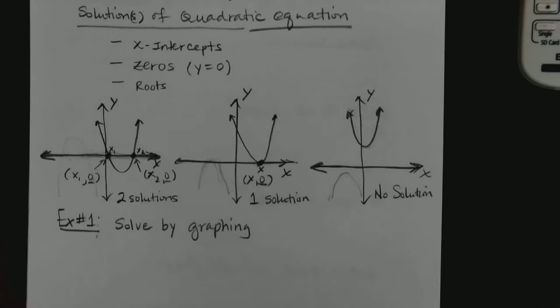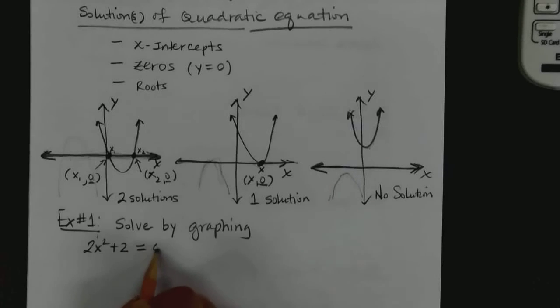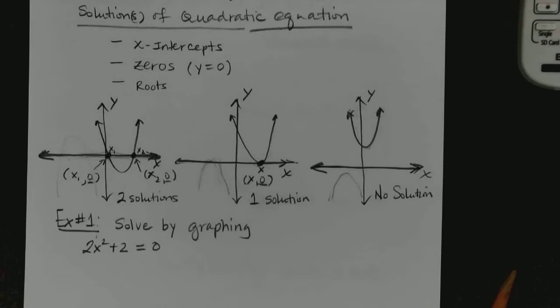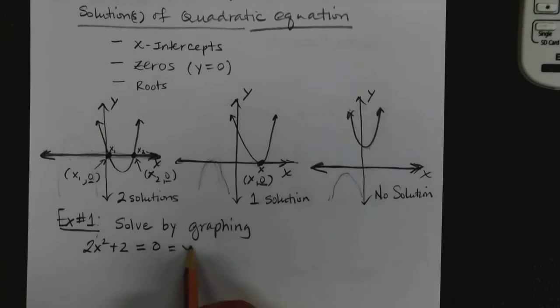So in this case, I'm going to solve by graphing. My equation is 2x squared plus 2 equals 0. When you solve a quadratic equation, you want your y to equal 0, so that's why this is a quadratic equation, because that is your y equal to 0. So there's my y. Now we're going to graph. To graph this, what do we need?